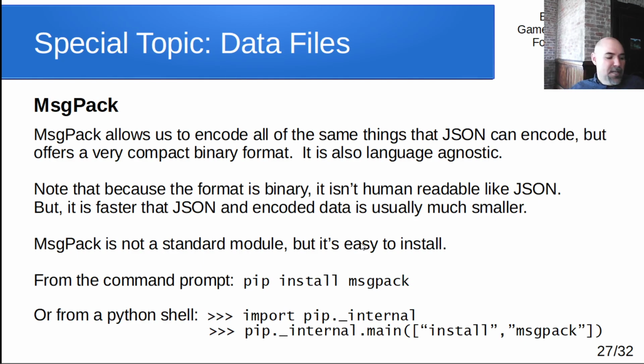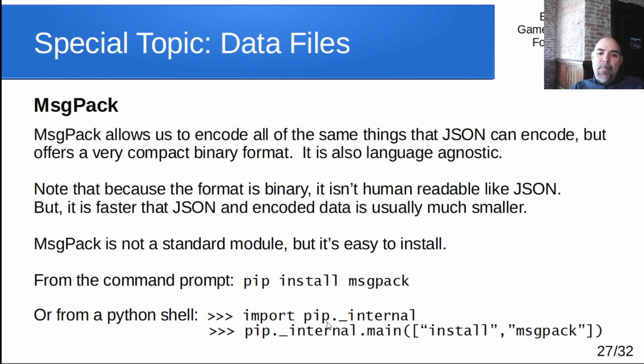And MsgPack does not come with Python. It's not part of the standard install, so you'd have to install it yourself. So looking at how that works, it's not human readable like JSON, but the data that's encoded is really tiny. It's much smaller. It's very compact. All right. Notice it's easy to install. You can install it from the command prompt by using pip, saying pip install MsgPack. That will install it. Or if you're in a Python shell, you can install it directly. This is a trick that I use sometimes.